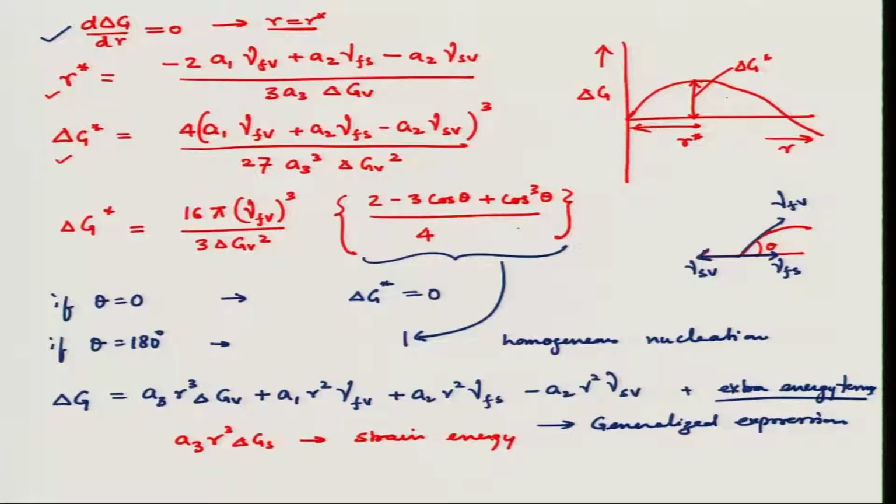We can add this strain energy to this term and then calculate the critical radius. I will not go into that, but you can keep adding different energy terms which come into play when you are forming a thin film.